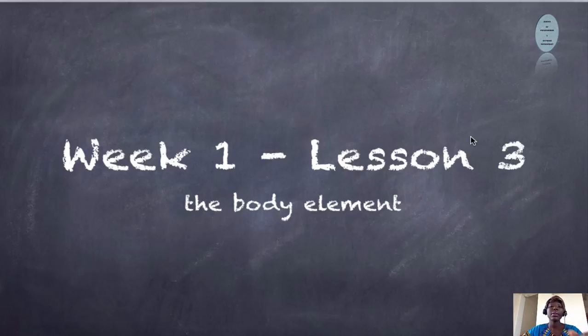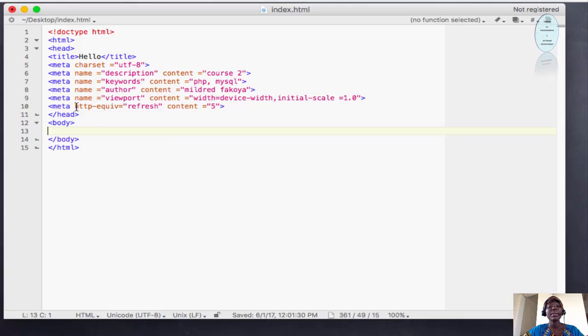Let's go to our text editor and open the index.html file which we created in the last lesson. I'm going to write all my code for this lecture between the start and the end body tag. If you want to have a heading on the web page, there are elements that are used.